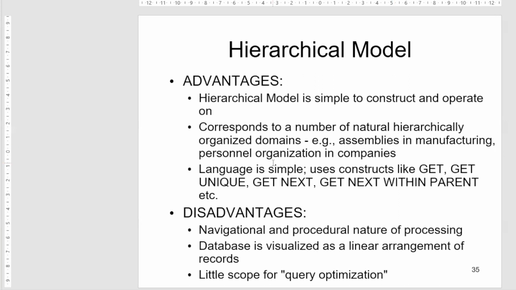Maybe on top you have top management, then you have the other managers, and at the bottom the clerks and all the assistants, and likely you know that there you have different hierarchies for the persons, right? So then simply we use here get unique or get next, a set of simple instructions in order to work with this sort of a model, right?